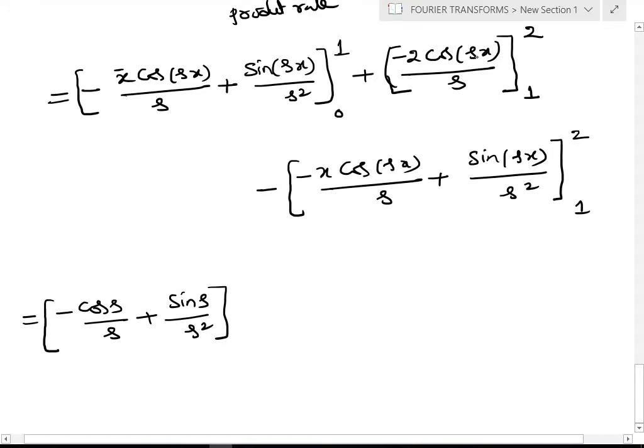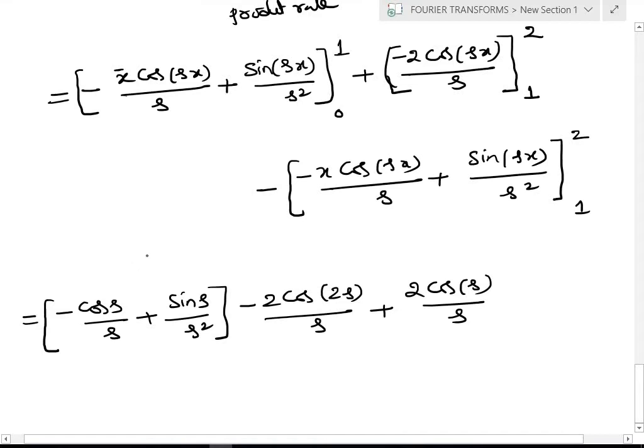Then here the upper limit gives 2s and the lower limit gives s. Substituting the upper limit, I have minus 2 cos 2s by s, and minus minus becomes plus 2 cos s by s.